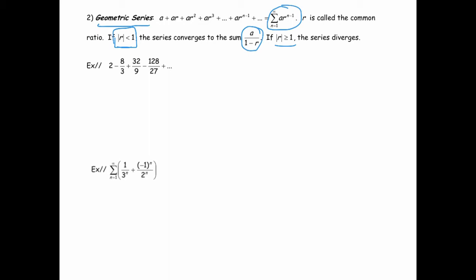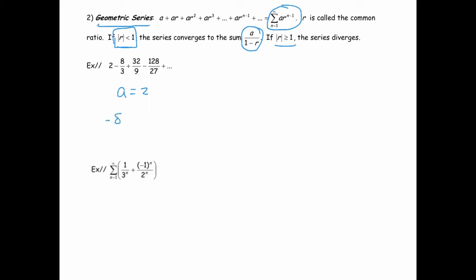So in this example here, it looks like we've got a first term of 2, and if I can find my common ratio, I can apply the test above. To get the common ratio, you can always just take a term and divide by the one before it.